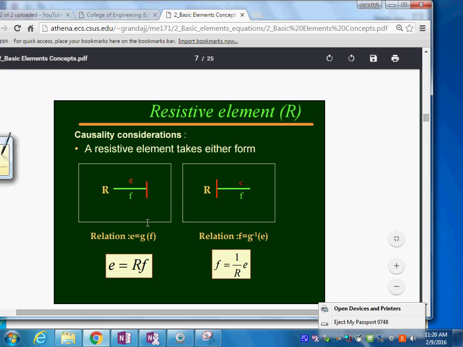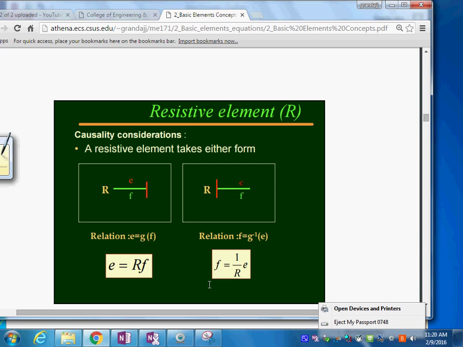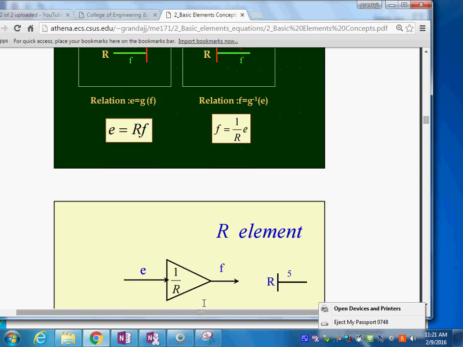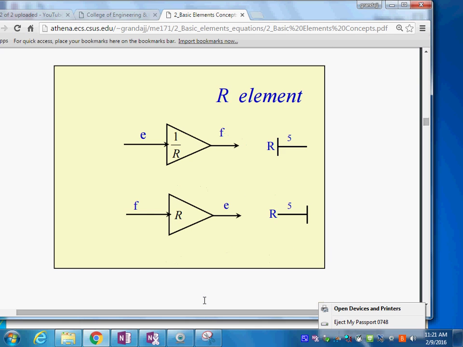But this one, where you have R, the flow times R is equal to E, or E divided by 1 over R is F. So you end up having this element like this, or this element, depending on which one is in your system.